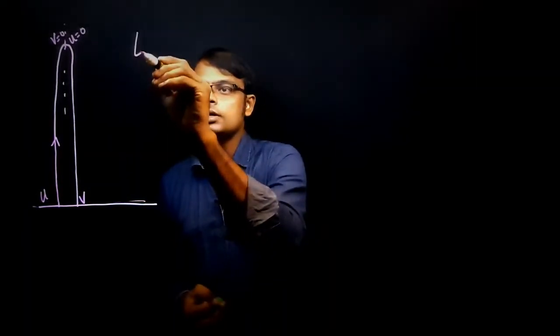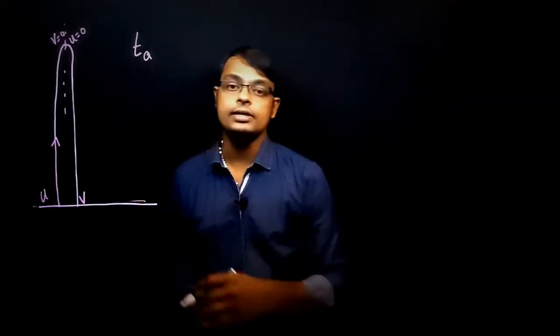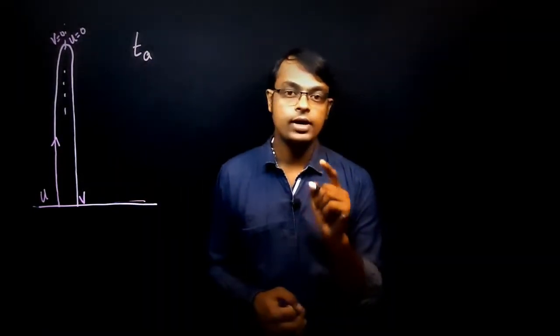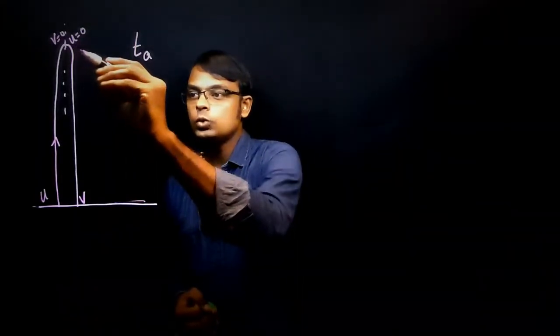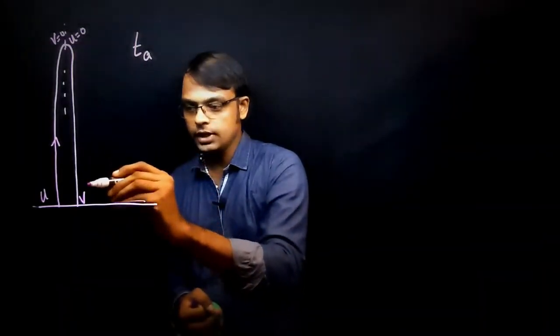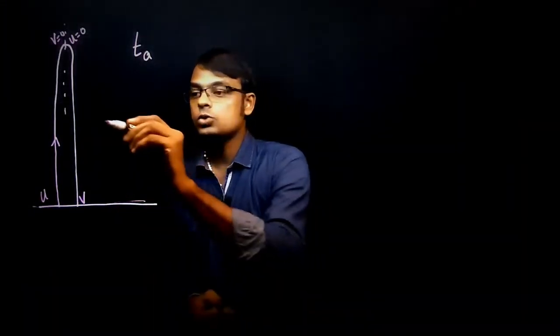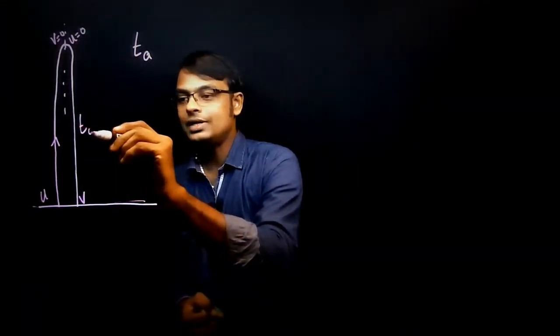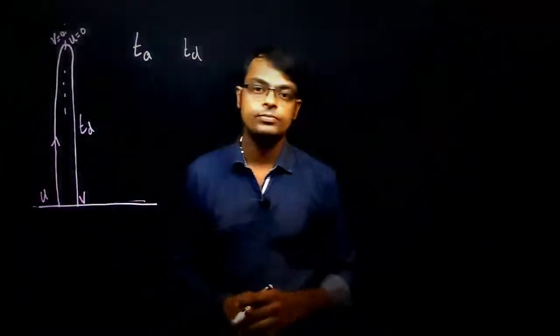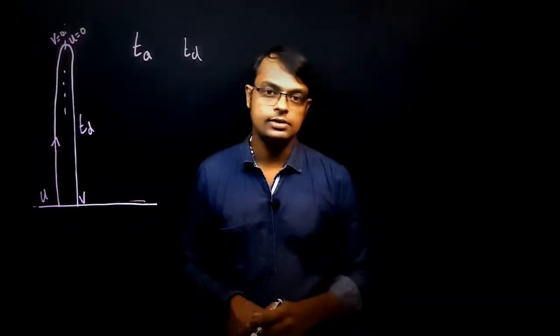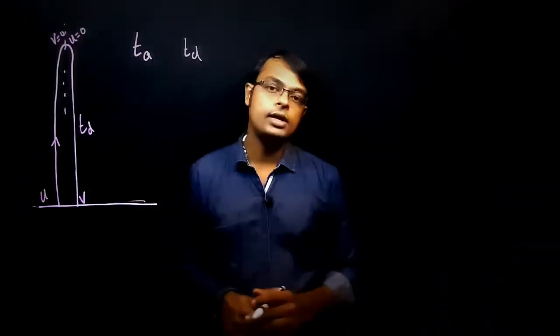That is called time of ascent. And what is the time taken for the object to reach the ground? That is called time of descent, marked as D. So, ascent and descent.